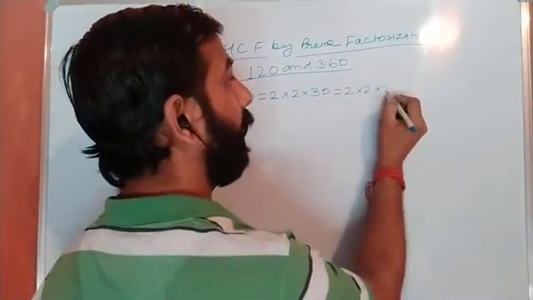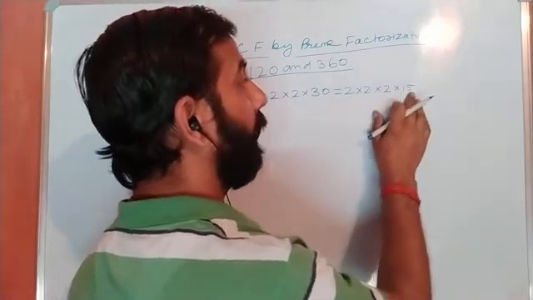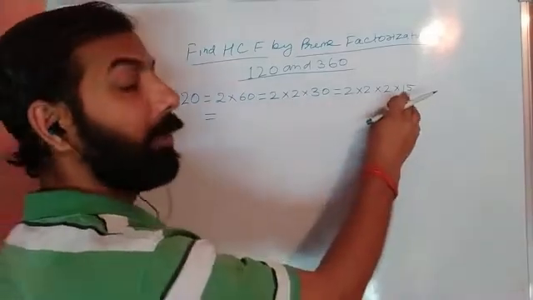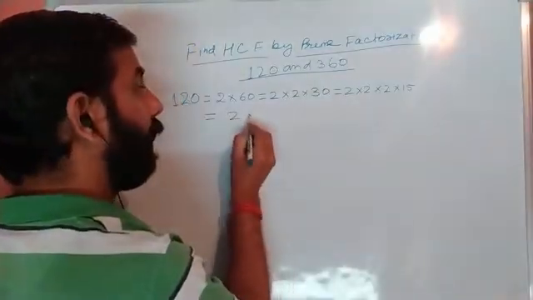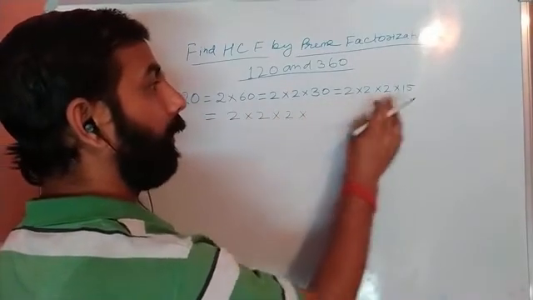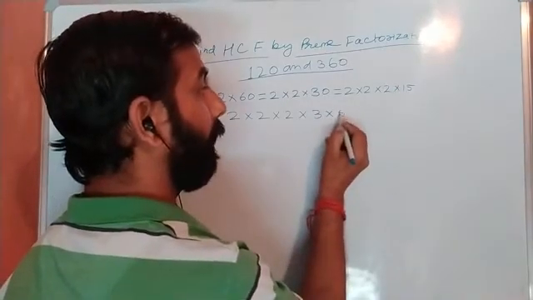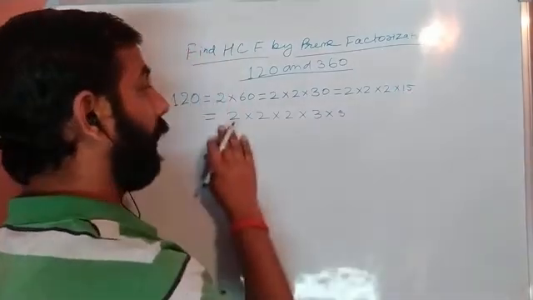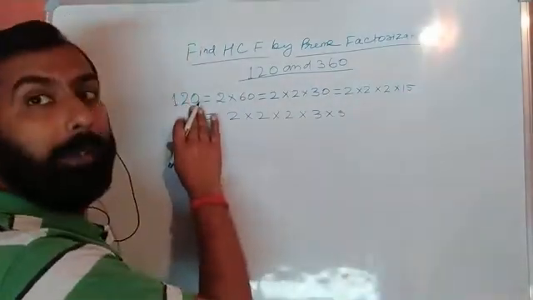So 2 into 15. We have got the prime numbers. Now 15 is not a prime number, so again we will make factors: 3 into 5 is 15. So 2 into 2 into 2 into 3 into 5. Now we have got all the prime factors of 120.